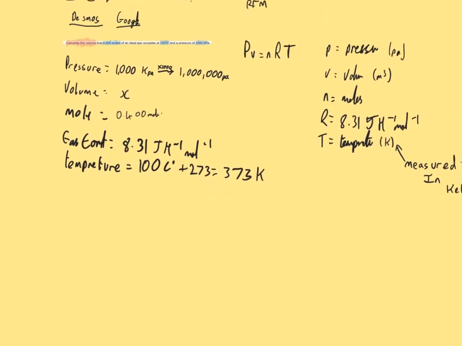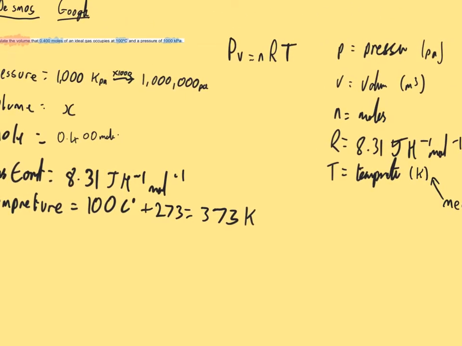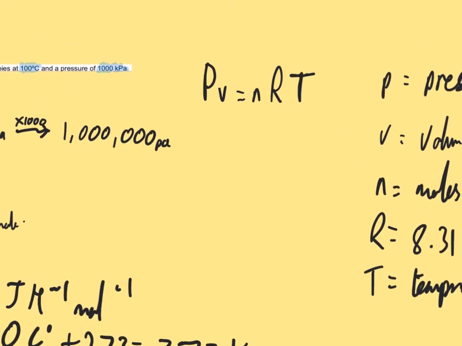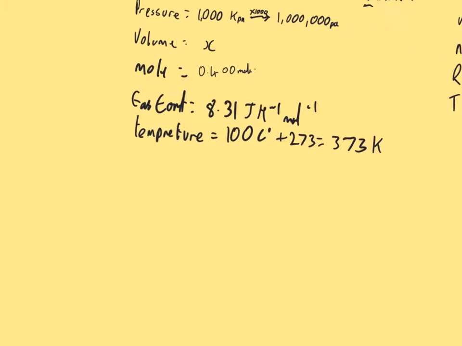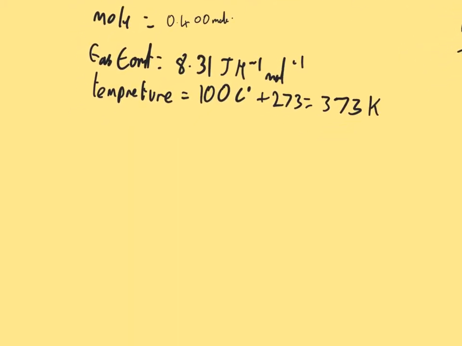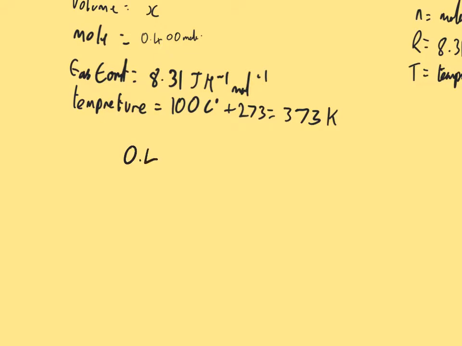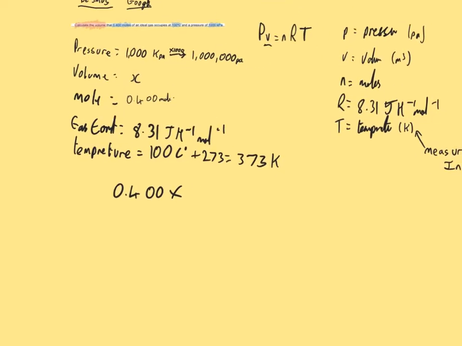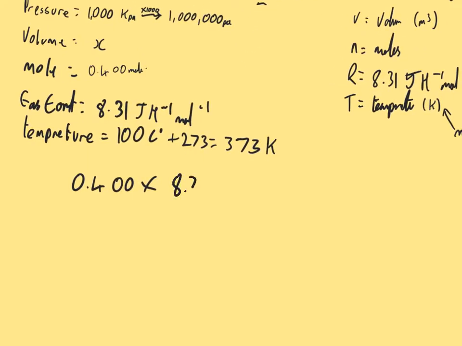Right, so now we know that. We know our pressure. We need to rearrange the equation, so we know what we're doing. We're looking for the volume in this case, so we need to divide by the pressure. The equation would be 0.4 times the gas constant, 8.31, times our temperature, and divide this all by 1,000,000.